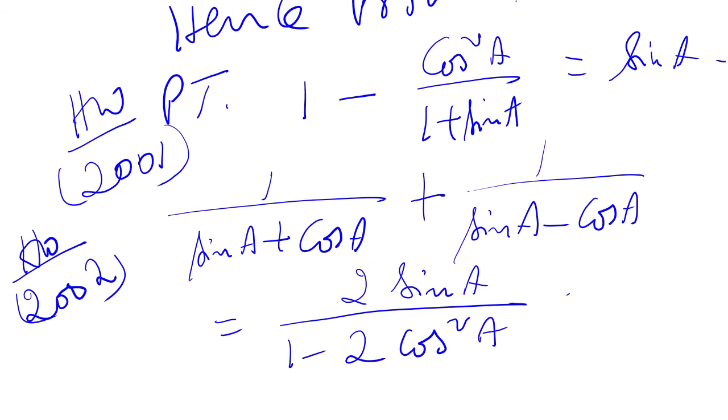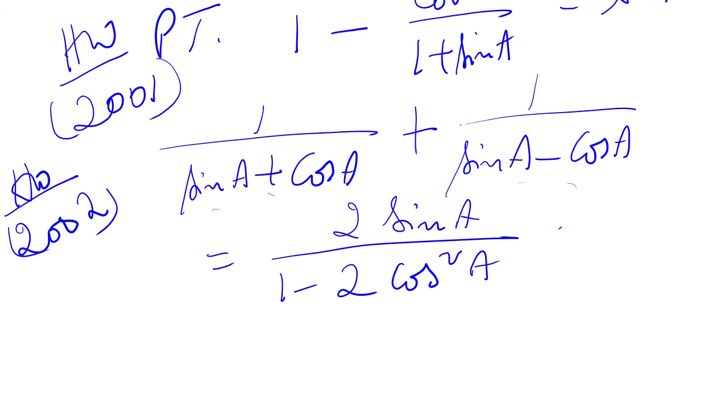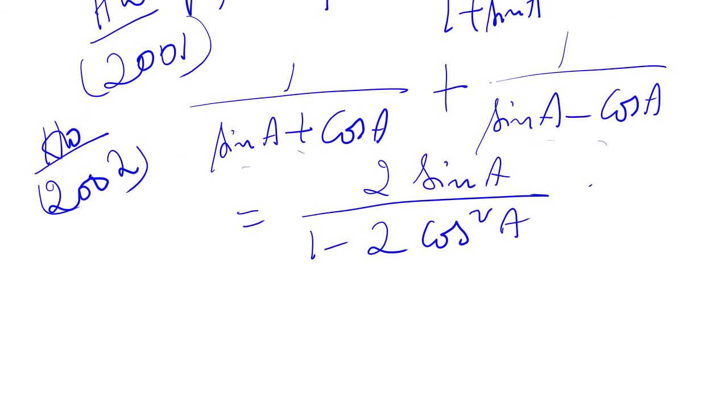Okay, so now this is all similar, like cross multiplication. You will multiply this with this, and this upon this into this. So a plus b, a minus b you will use, and then straight away by using 1 minus cos square a equal to sine a, you will get it. So it's very easy, nothing new. We have done several sums of this type, so try it.